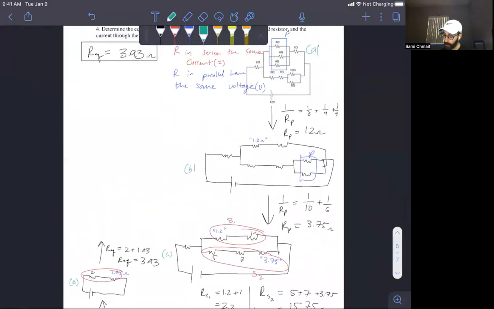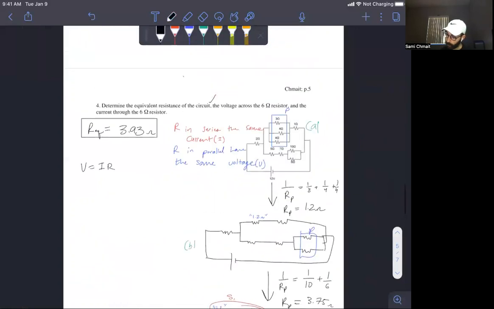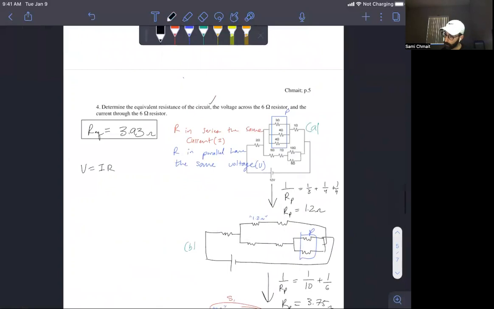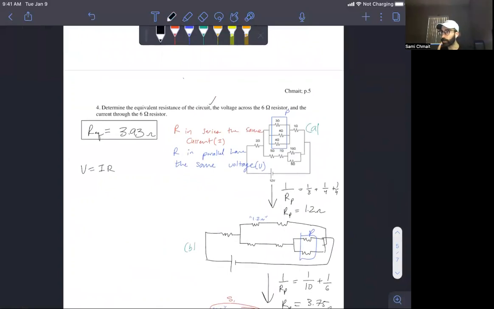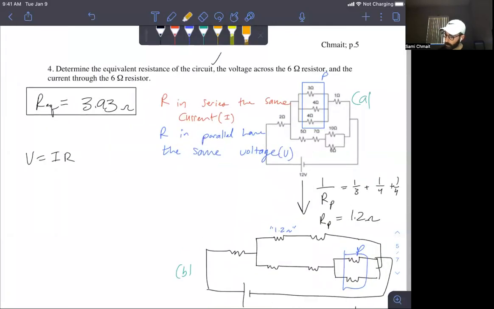So what's the current through them? They have the same current. So let's find that current value. So remember, V equals IR, where V is the total voltage of the system. Oh, we don't have that yet, do we? Oh, it's given. It's 12 volts. It's like the voltage drop throughout the whole thing.